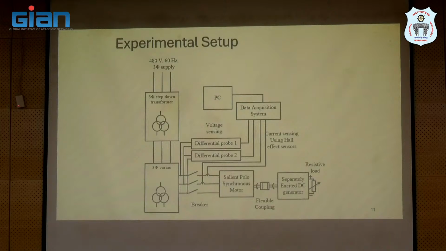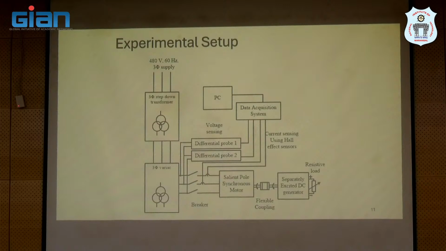Then I measured. The stator of this machine is Y connected with a neutral point not brought out. Therefore, I know that in a system like that, the sum of instantaneous values of currents and voltages should be equal to 0.